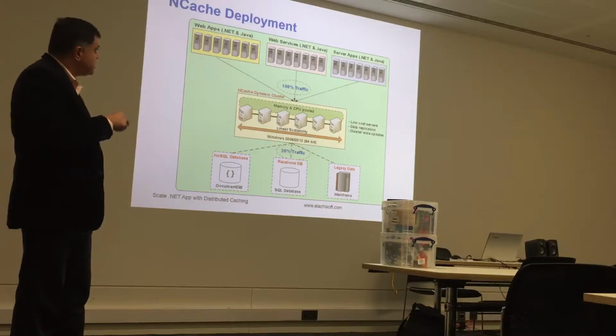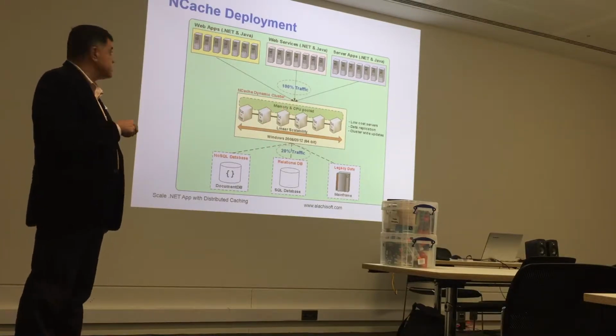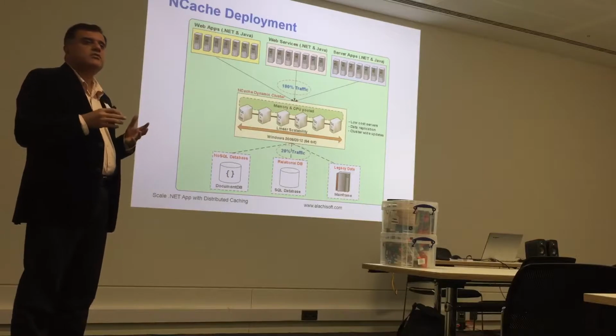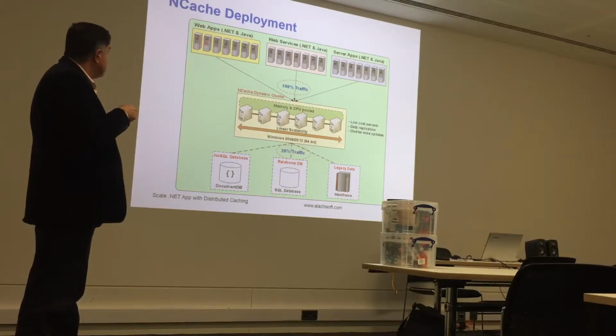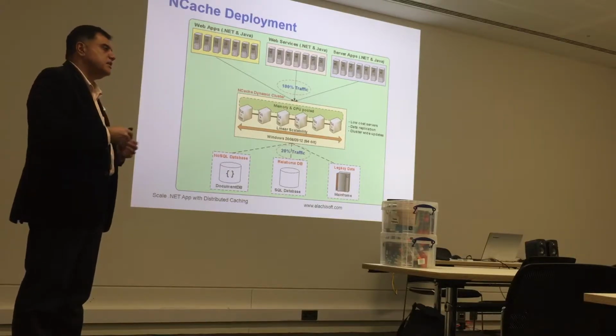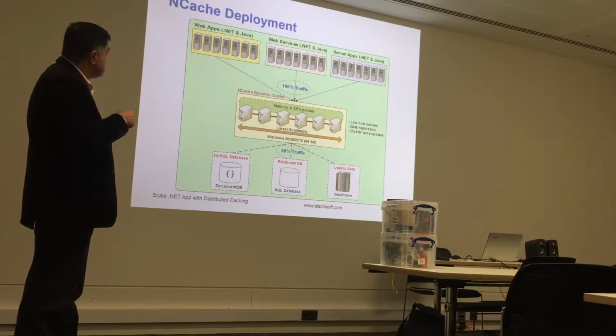Now this is only a logical representation. This cache does not have to be on a separate set of servers. It can be on the same box as the application. Although what we tell customers is if you have more than 2 servers up here, so if you have 3 or more here, then it's much better to have a separate caching tier. It's a much cleaner deployment strategy because this makes the servers stateless. So there's no data being maintained here.